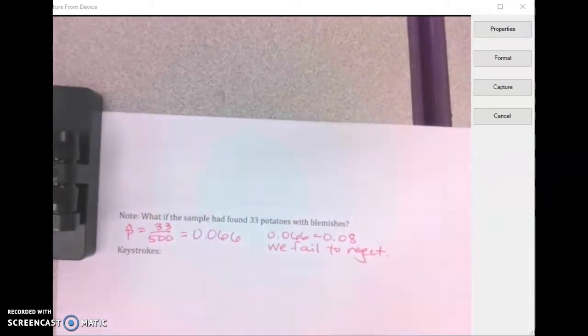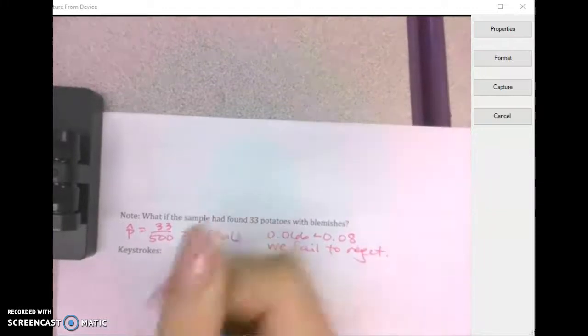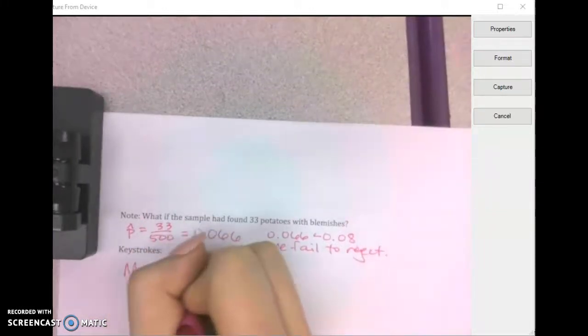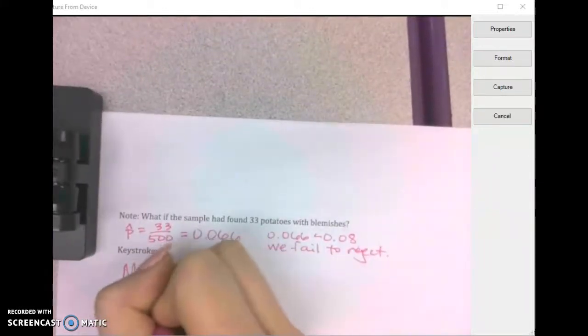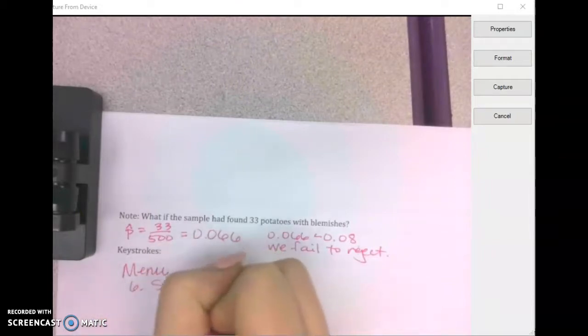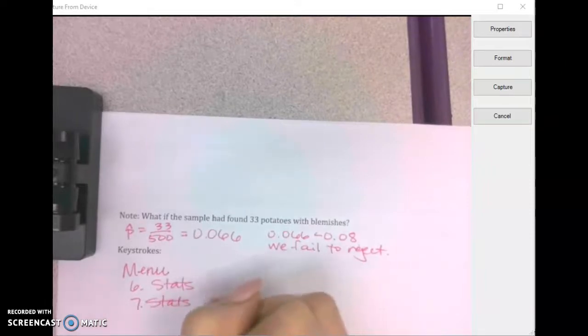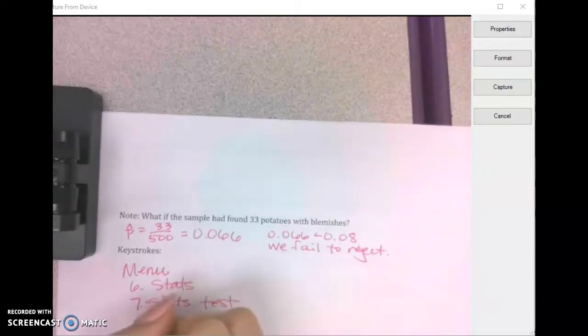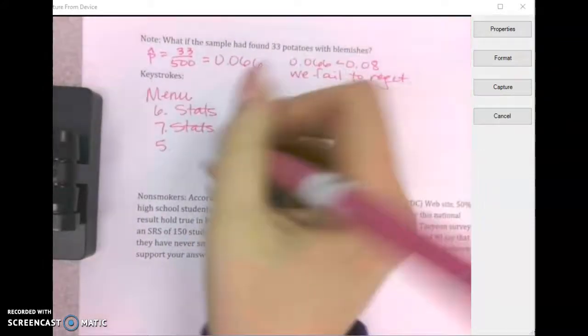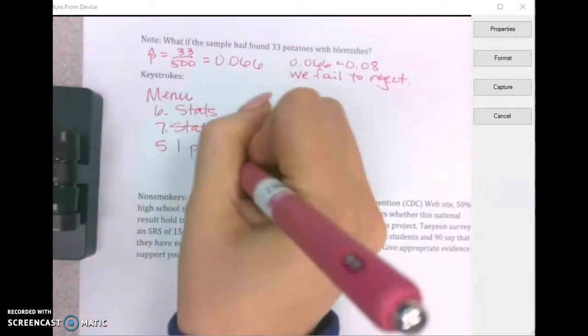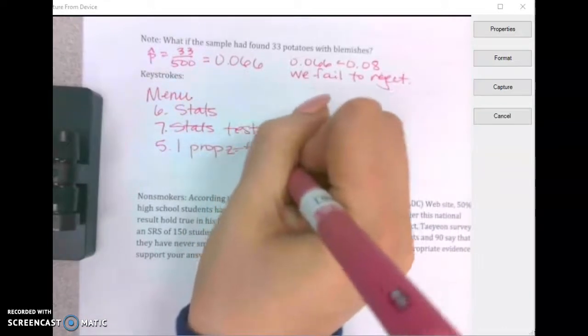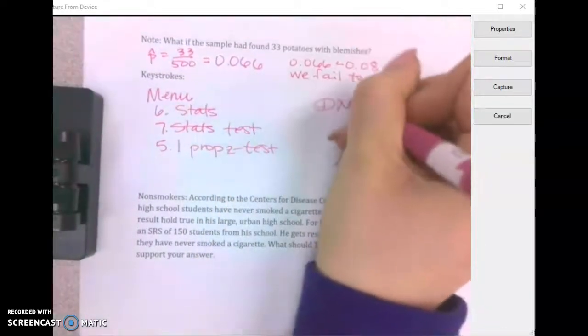Now, you also have the option that you can do this straight on your calculator. If you do that, though, you need to make sure that you label everything, and it's preferred that you actually show all the calculations like we just did. You need to name your method.